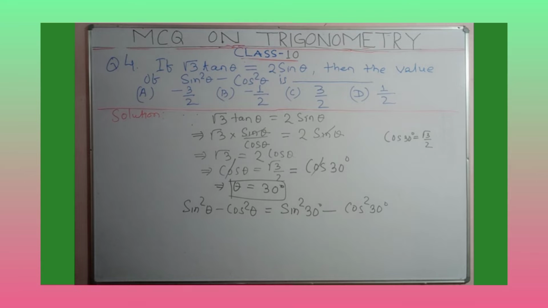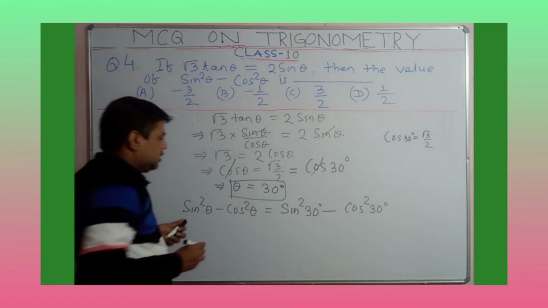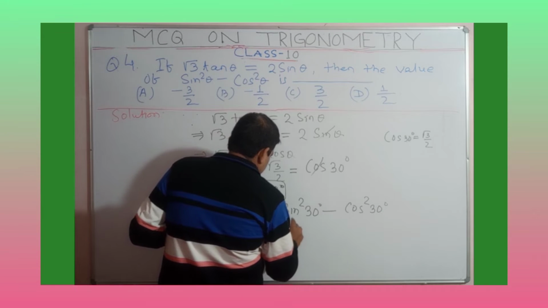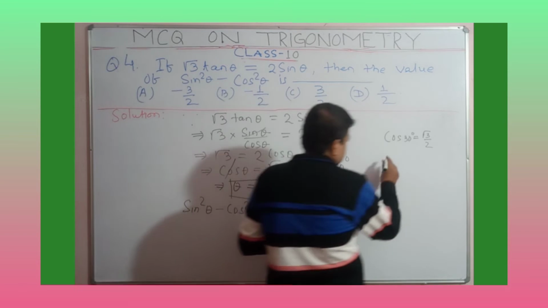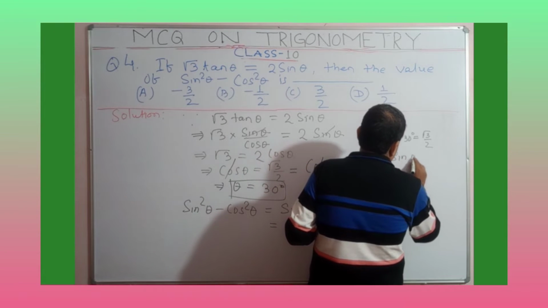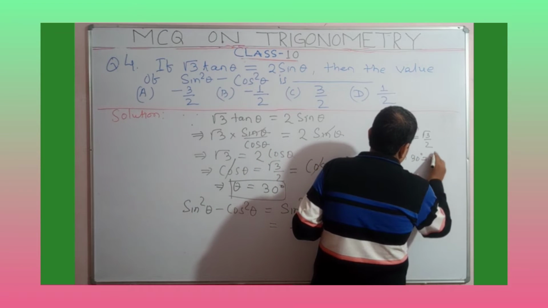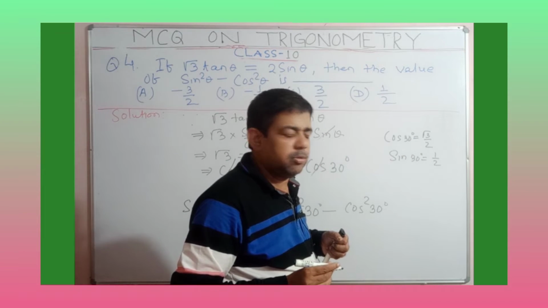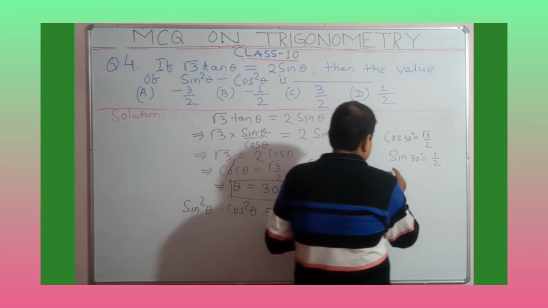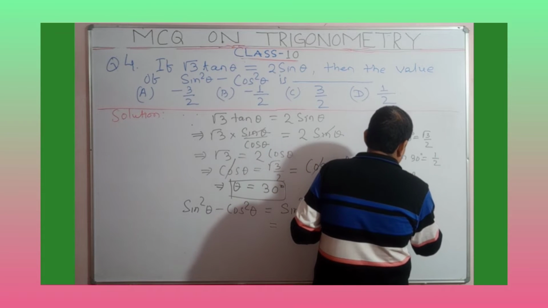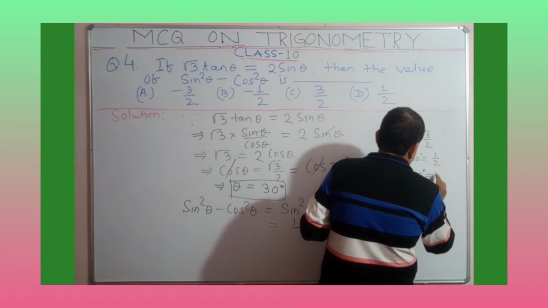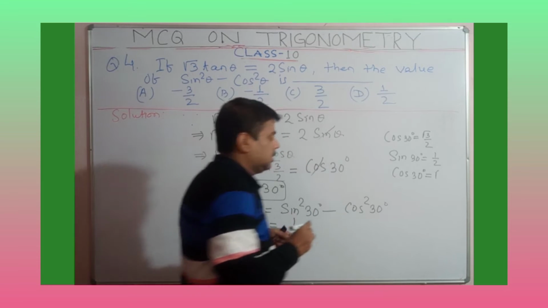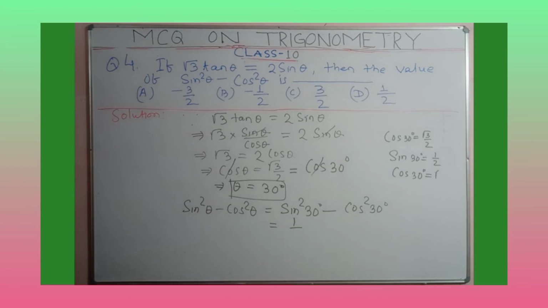So sin square 30, how much? You know sin 30 degree is equal to 1 upon 2. Similarly cos 30 degree is root 3 upon 2, already written here. Okay?